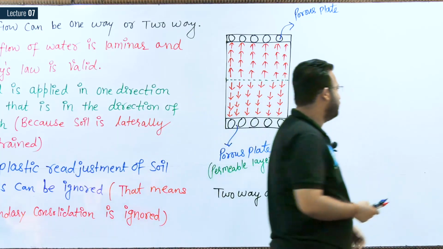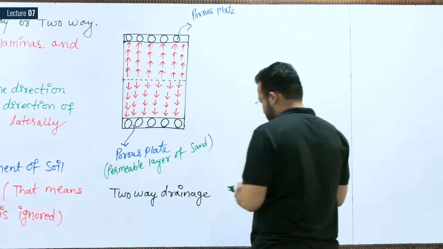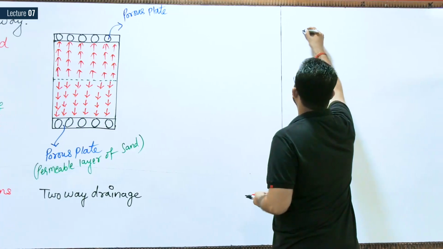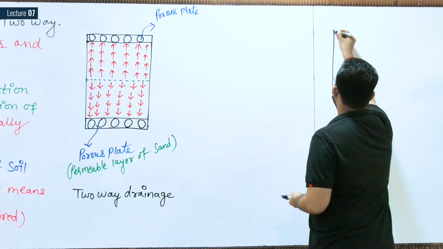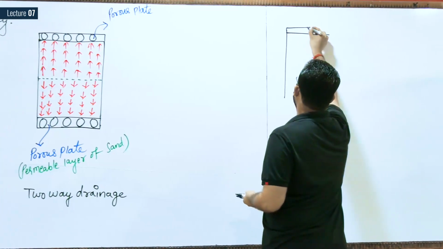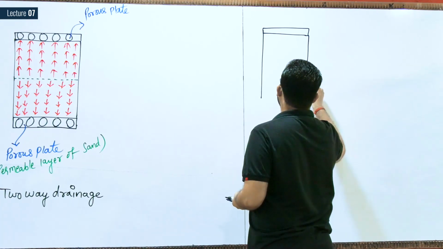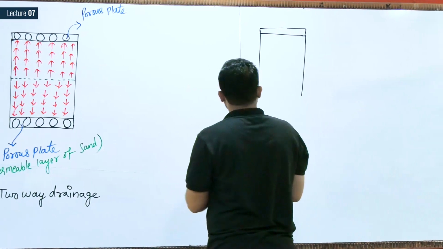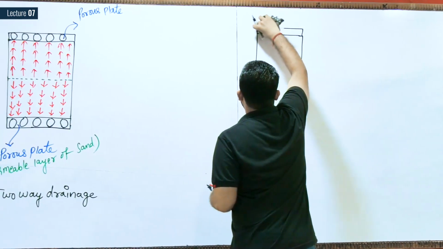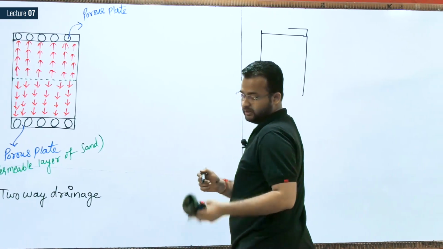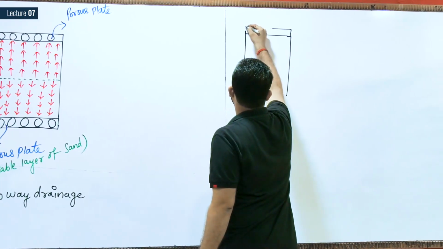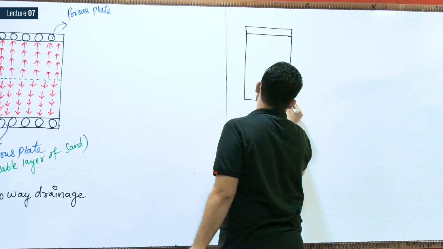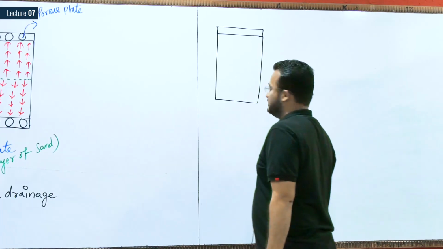Let's talk about one-way drainage. Let's see what happens here. If I talk about one-way drainage, this is the ring. Ring means your specimen, and the specimen is filled with saturated clay soil, for which we have to study the consolidation.